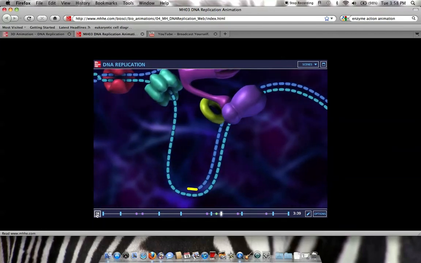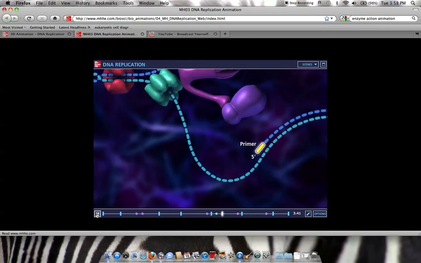Short sequences of RNA, called primers, have to be paired to the template strands by the enzyme primase because DNA polymerase cannot begin to add nucleotides without a primer. All right, so the RNA primase brings in the RNA primer.